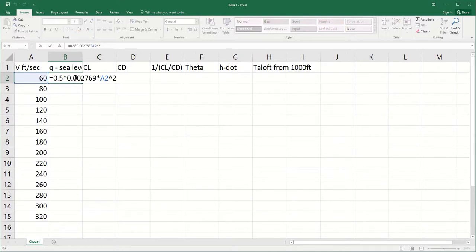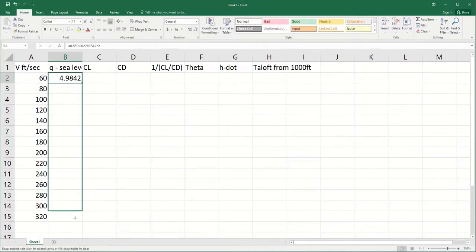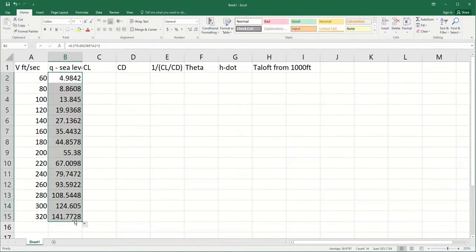So 1/2 rho V squared. We're good there. And let's double check my number. There seems something off.